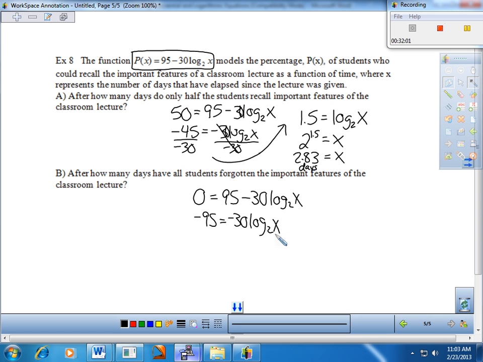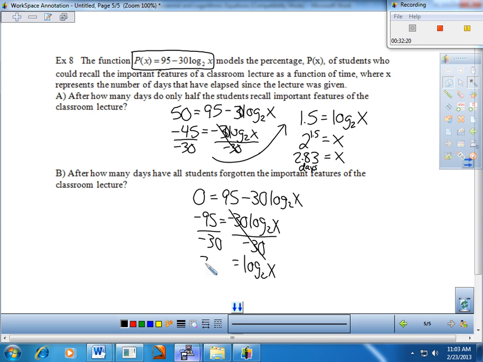Okay, so 95's going over. I'm going to go ahead and divide by the negative 30 here. That's looking good. Negative 30s will cancel. Log base 2 of x, good. That's what I wanted. This is going to be 3 1/6.